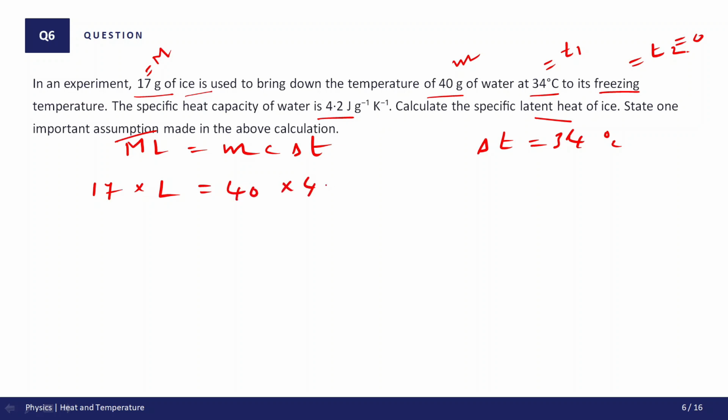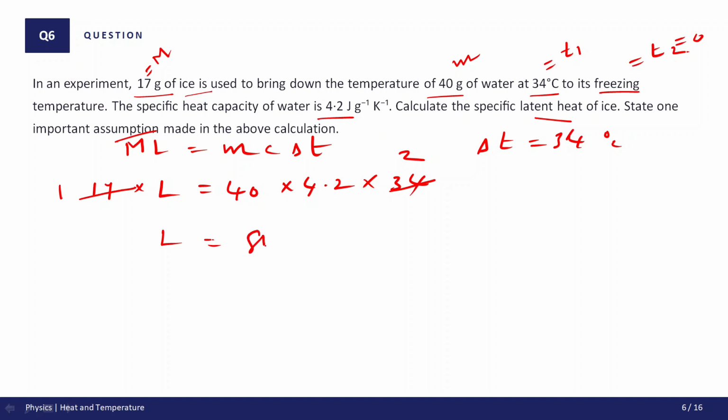Specific heat is 4.2. Change of temperature is 34. We'll use the 17 table. 17 1 ja, 17 2 ja. Finally, I have an equation here.